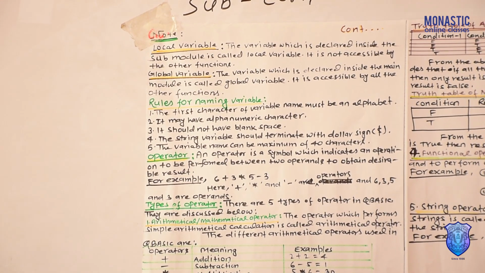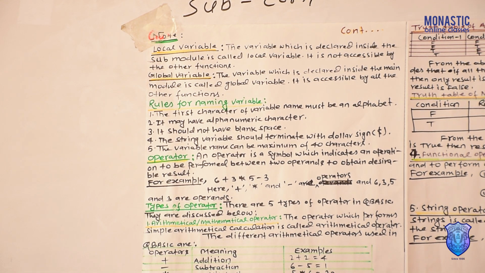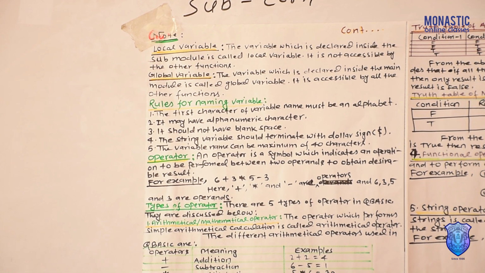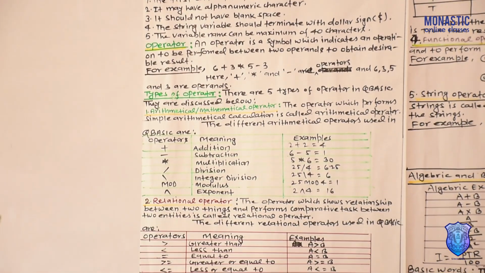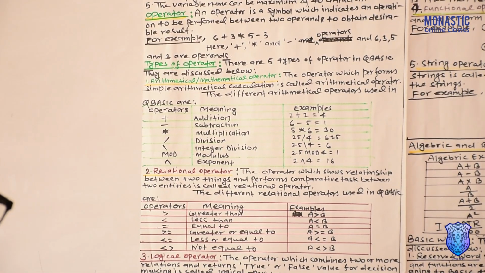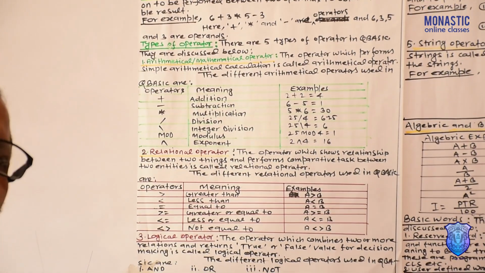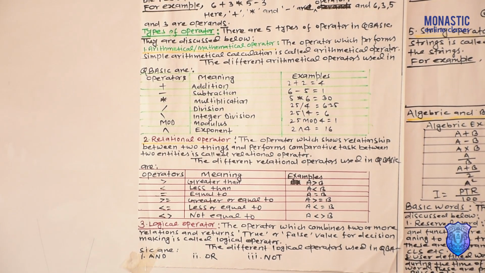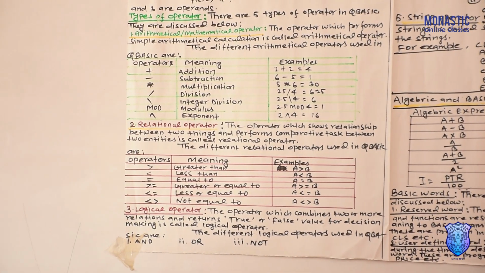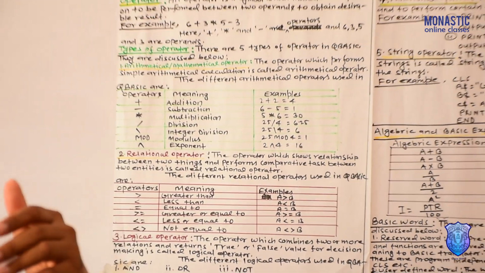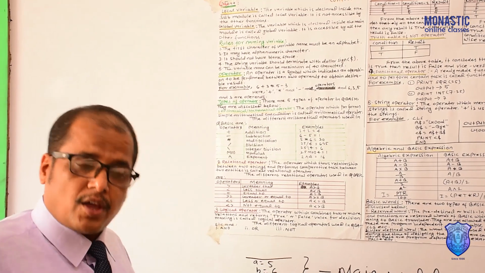The process in which a big program is decomposed into different small manageable tasks, different small manageable blocks, different units, is called modular programming. In the modular programming approach, the program is divided into different blocks, and such a block is called a module.